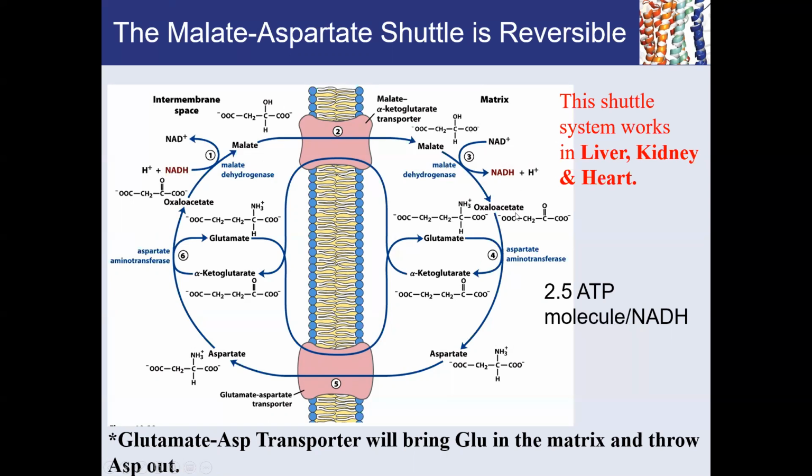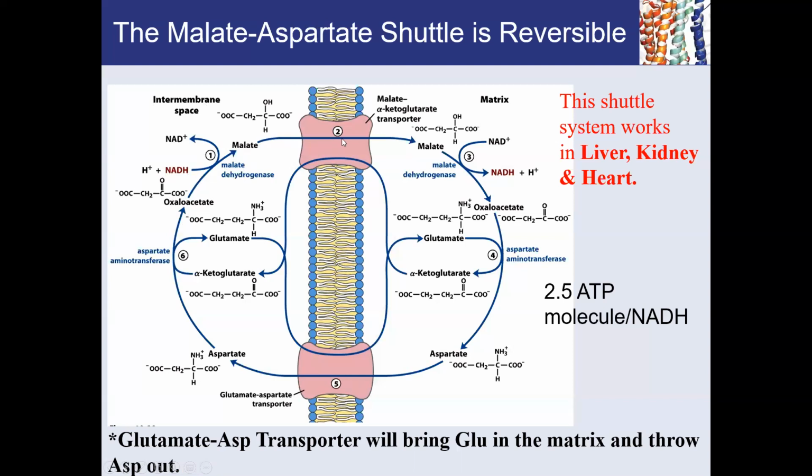Okay. What happens in reaction number 1 here? You can see that NADH plus oxaloacetate, which sits in the intermembrane space, will get converted using malate dehydrogenase to malate, right? So NADH in the cytosol or intermembrane space will pass 2 reducing equivalents, which is 1 electron pair, to oxaloacetate, producing malate.